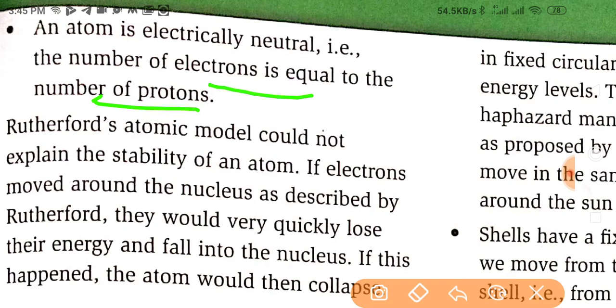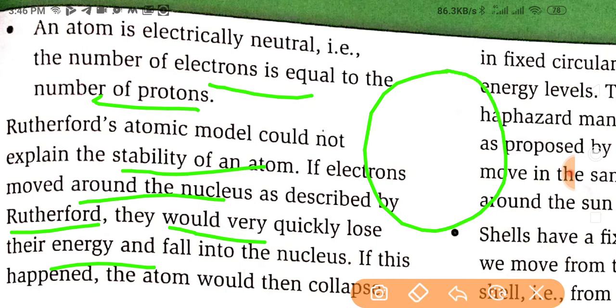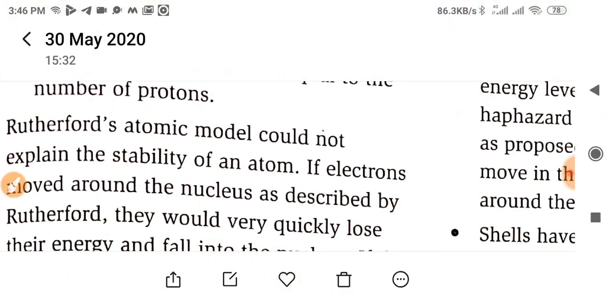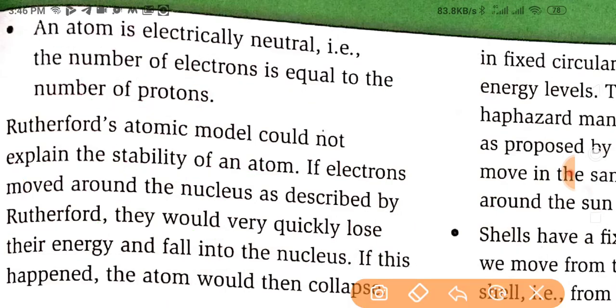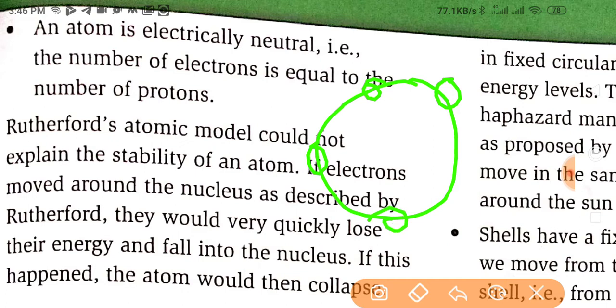Rutherford's atomic model could not explain the stability of an atom. Why are atoms stable? If electrons moved around the nucleus as described by Rutherford, they would very quickly lose their energy and fall into the nucleus. According to Rutherford, this is a nucleus and these electrons revolve around it.